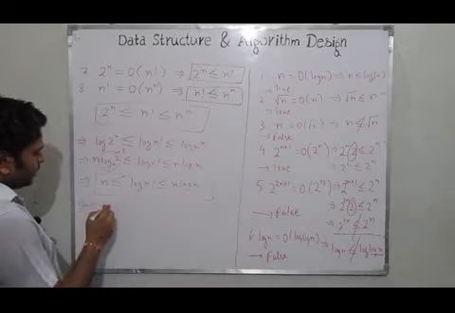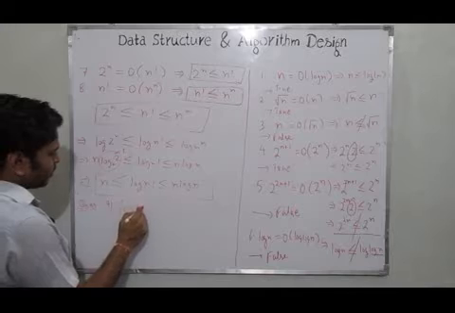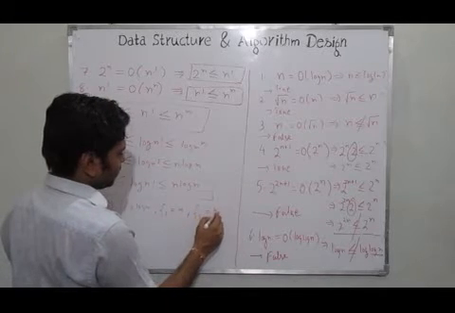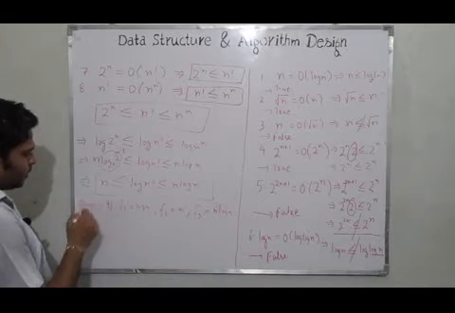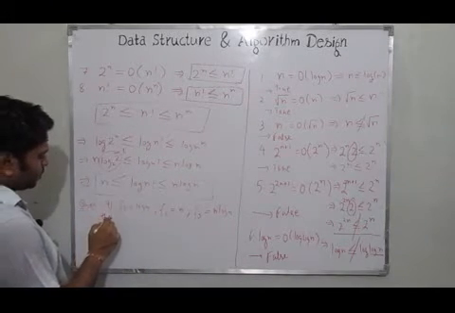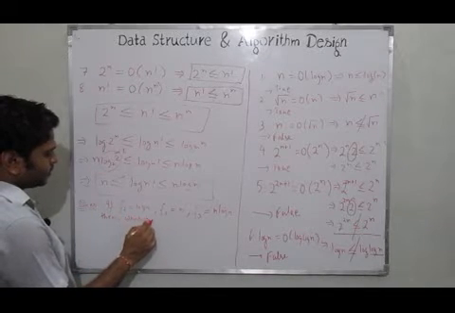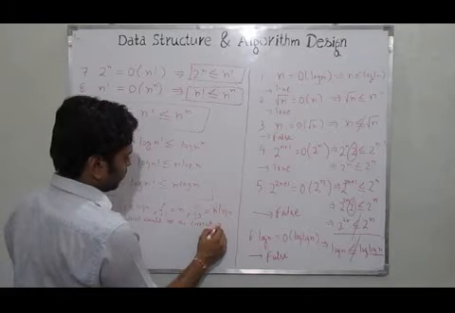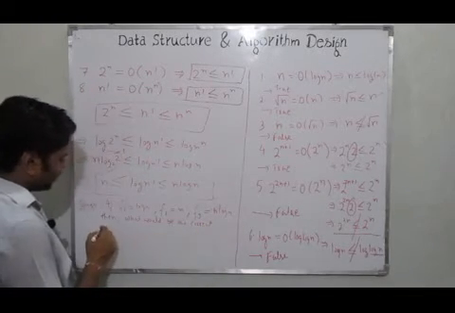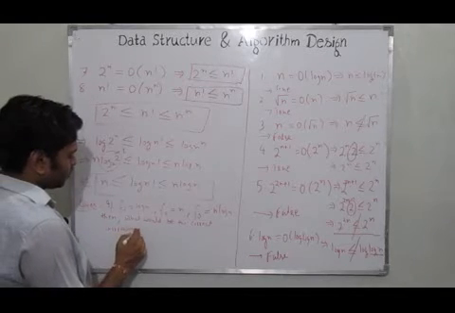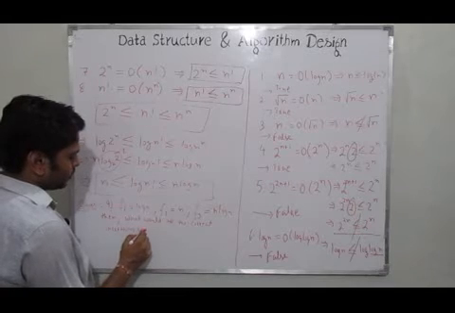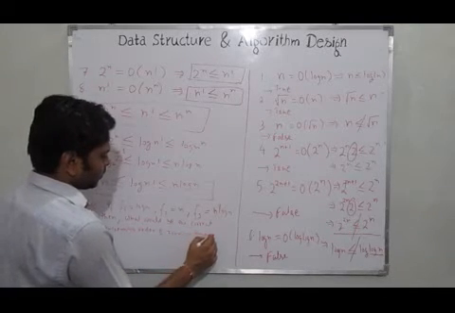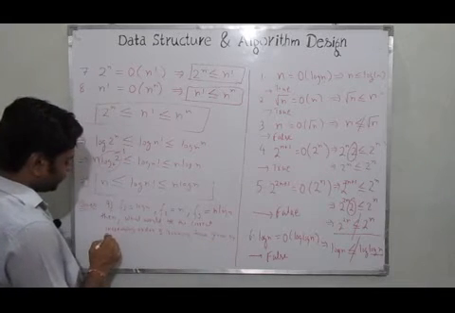The question would be asked that if f1 is log n, f2 is n, and f3 is n log n, fine, then what would be the correct increasing order of running time given by each function?